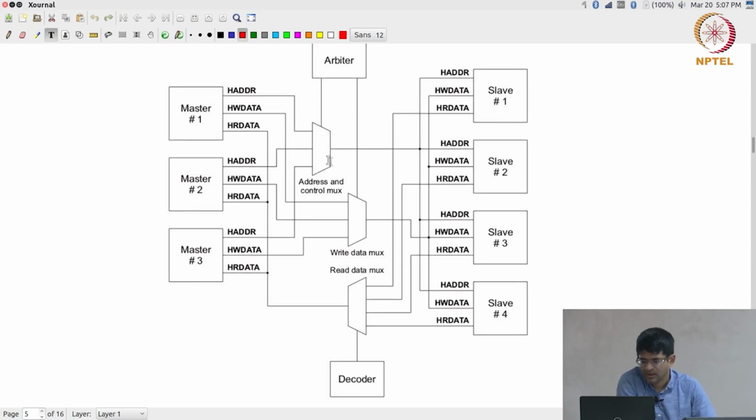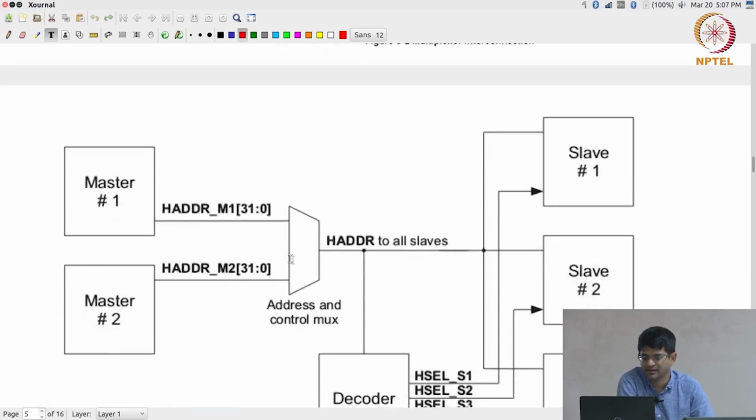And on the return side there is the decoder, which says which of these slaves is going to drive HRDATA. Obviously, there has to be some signal that goes to each of the slaves to tell it, you have been selected, now work.